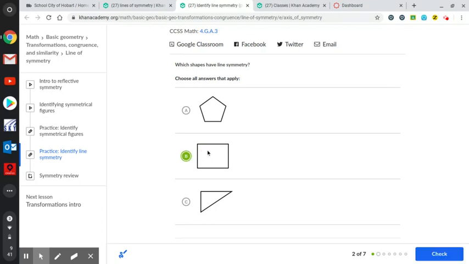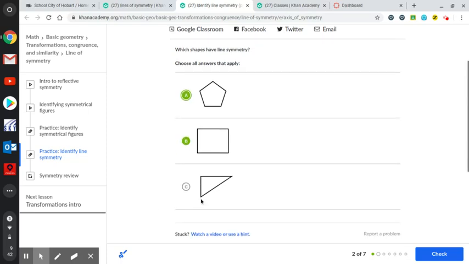So it's definitely going to be B. Now let's look at A. If I draw a horizontal line, is my top going to be the same as the bottom? No, Miss Hall, right? The top right here comes to a point. But if I draw a line vertically and fold that shape into one another, are my sides going to match? I think yes. Okay.